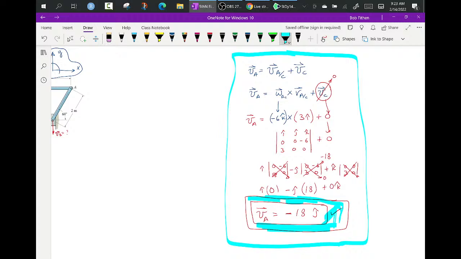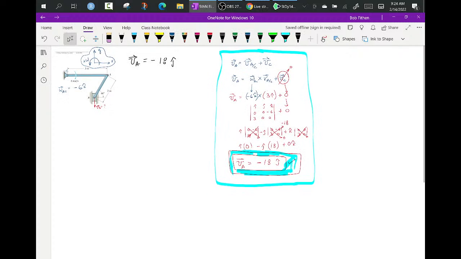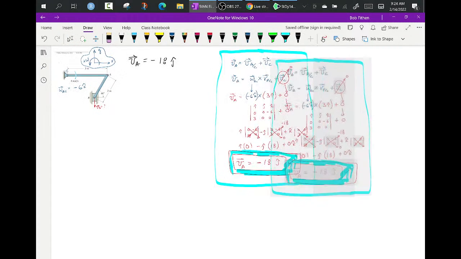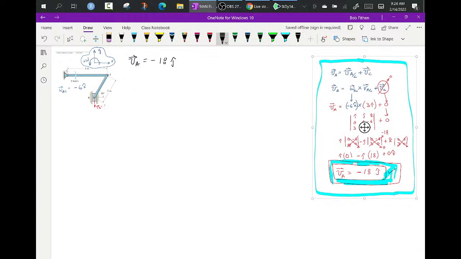I want to take that with me. I guess if I'm taking it, I need to go up here and put it up here. Velocity of A is equal to minus 18J. And maybe I need to move it a little further to the right. I'm seeing that my handwriting might be too big, so I'm going to move it there.